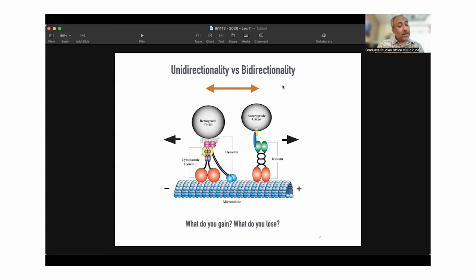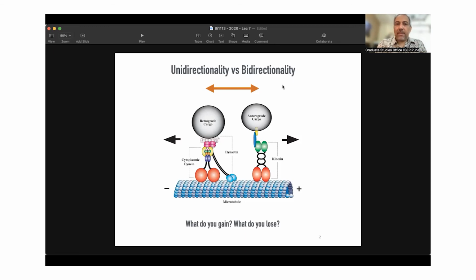Right. See, the other thing to consider is bidirectional motor proteins. The motor base of the motor protein has to be designed in such a way that it is able to walk in both directions, right? And there has to be something that comes and talks to the motor protein in such a way that it asks the motor protein to change its direction and walk the other way, right?